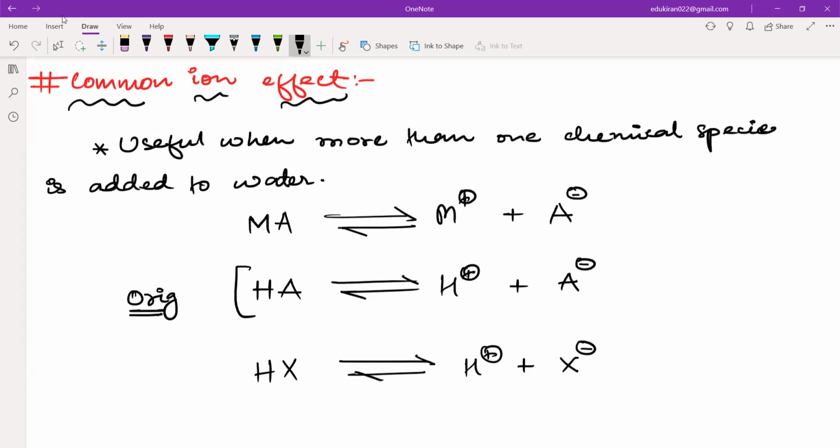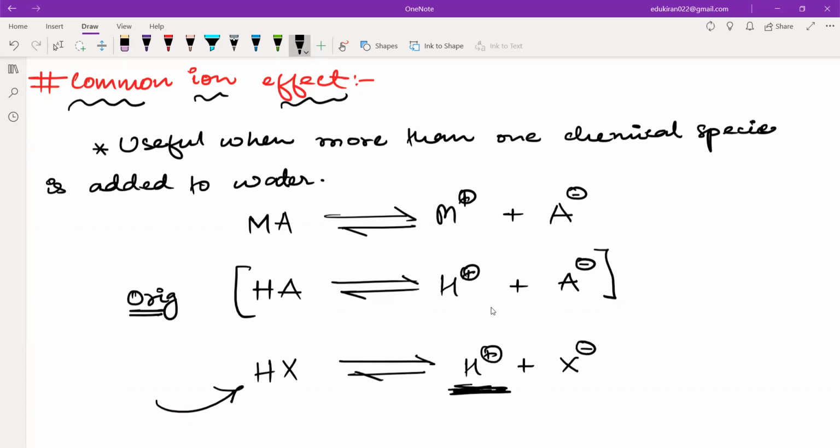Now all of you can see that if I'm adding HX, then H plus concentration is increasing. That means the human who is adding HX in the solution, which is HA giving H positive and A negative, is adding H positive and the concentration of H positive is increasing. That is why the system will shift the equilibrium towards forward or backward, guys? If I'm increasing the concentration of H positive, what will happen? Backward. Yeah.